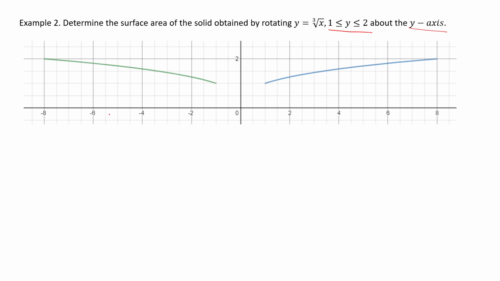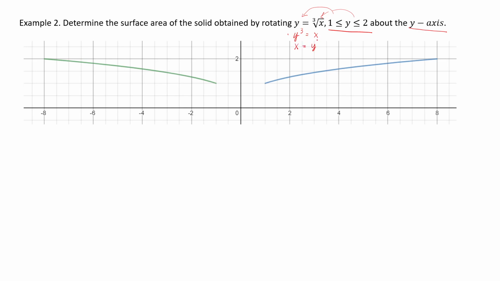So again, if you want to get the points, you just have to plug in the values of y here. Since this one is in terms of x, meaning y is equal to the cube root of x, try reverting it to x equals y first. So getting the cube of both sides, this becomes y cube is equal to x, or x equals y cube.